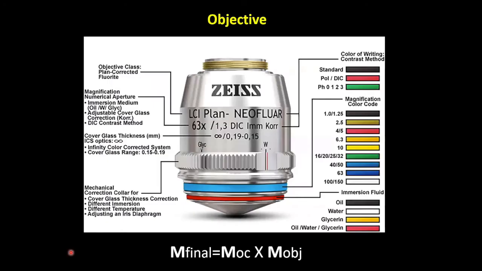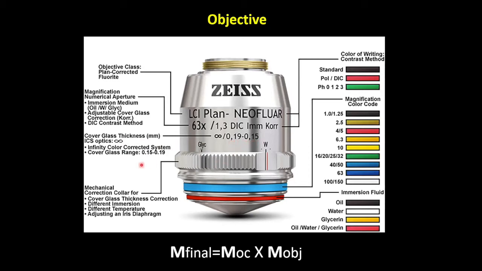When you look at an objective, you see there is lots of information labeled on it. It tells you what type of objective it is, the magnification, the numerical aperture, and what kind of properties the objective can handle. For example, in this case, DIC imaging, and there's a correction collar. They also work for different glass thicknesses, for example, in this case, ranging from 0.15 to 0.19 millimeter.